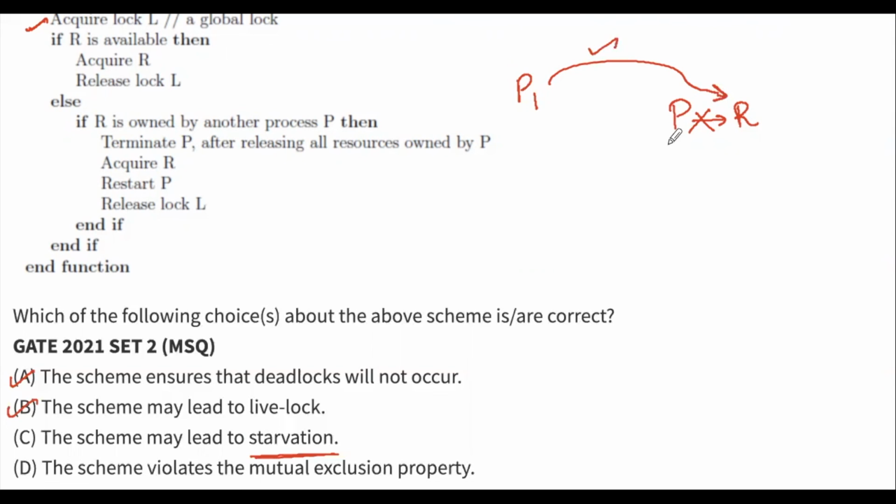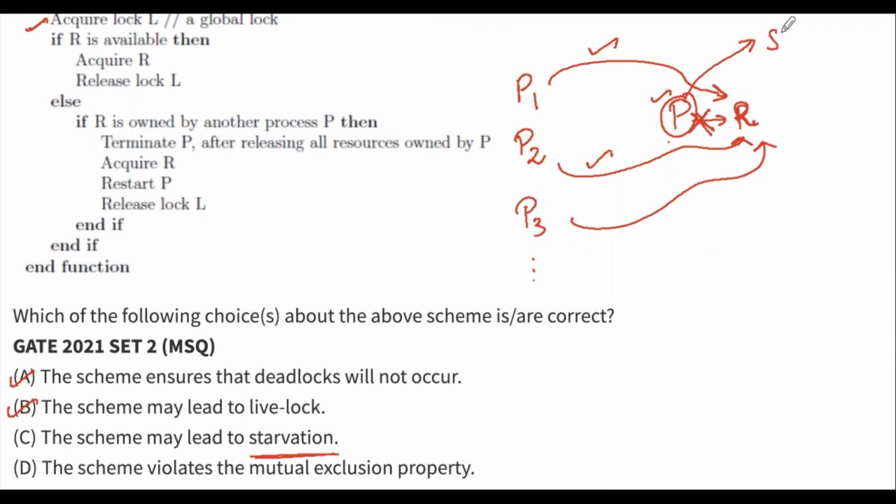Then I have to restart P. P is restarted. Again, if a new process comes, I have to preempt it, and then get hold of this resource. Again I have to restart P. If again a new process comes, I have to preempt it first, and then get hold of this resource, and so on. So process P can get starved. There is a chance for starvation also.